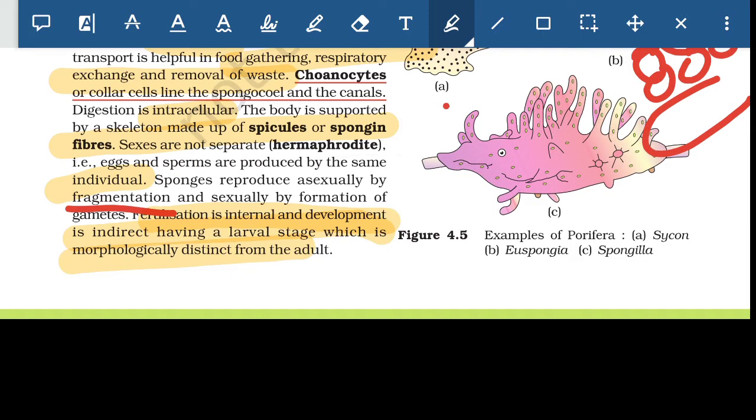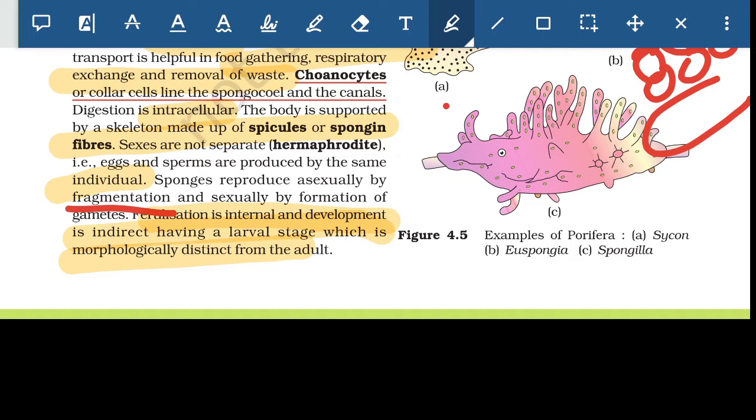Like if you see a frog, the progeny of the frog is not similar to the frog. A tadpole is formed at the first stage, and then the tadpole changes into a frog. That is called metamorphosis. So here larva is formed, that is indirect development.